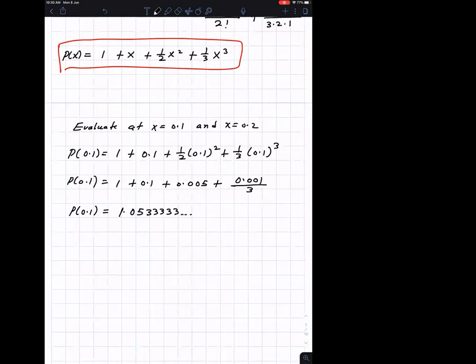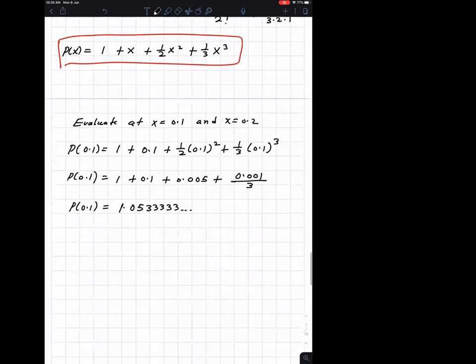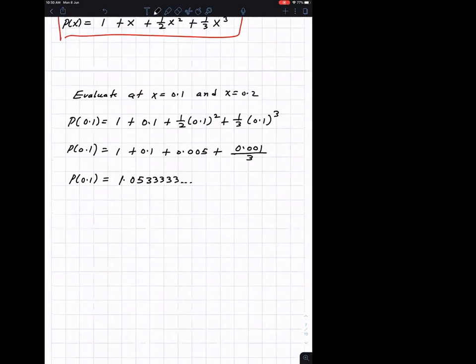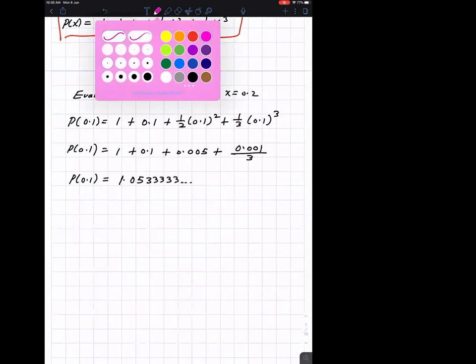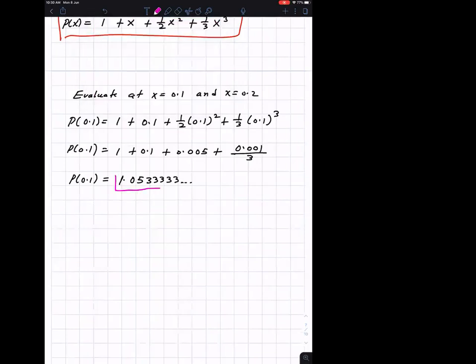If I write this to 6 decimal places, it's going to be up to here.